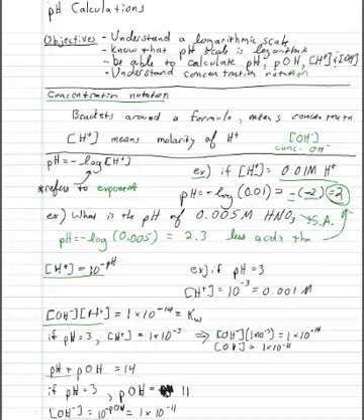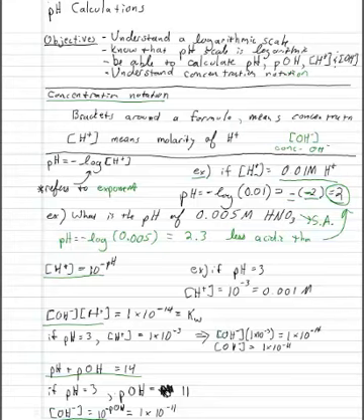The last formula we have is the sum of pH and pOH is 14. So if my pH is 3, my pOH must be 11. And then I can use my last formula down here. The concentration of hydroxide ions is equal to 10 to the negative pOH. So I have my pOH from the previous example, and I get that it is 1 times 10 to the negative 11th.